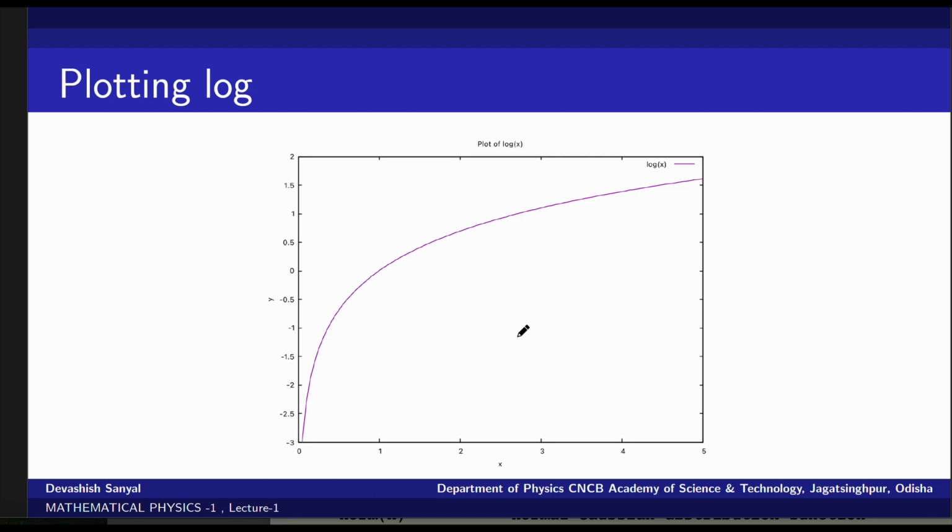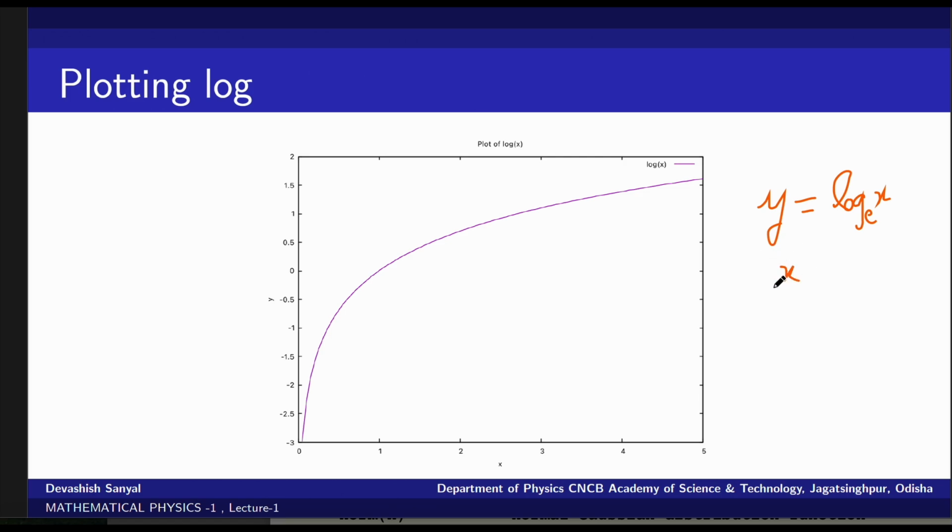And this is the plot of y is equal to log x, log x to the base e.